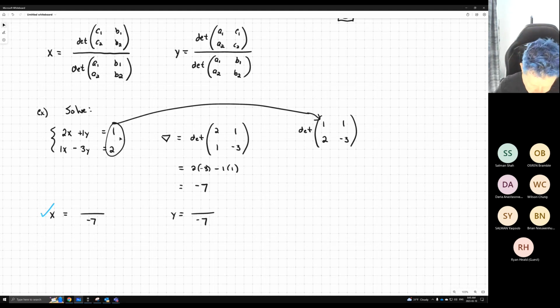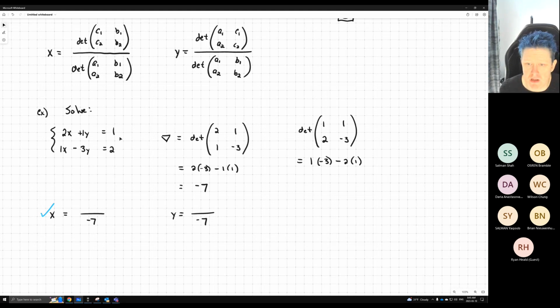And this works every time. All right, so I'm going to compute the determinant of that. Okay, so what is that? 1 times negative 3 minus 2 times 1. That's negative 3 minus 2, negative 5.